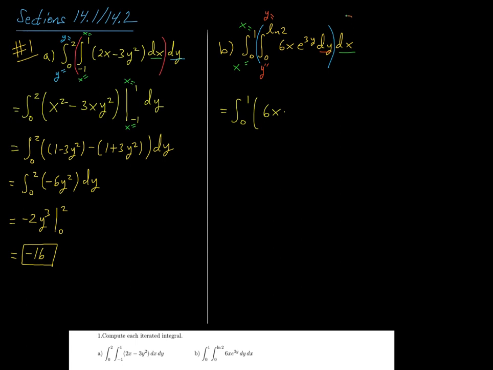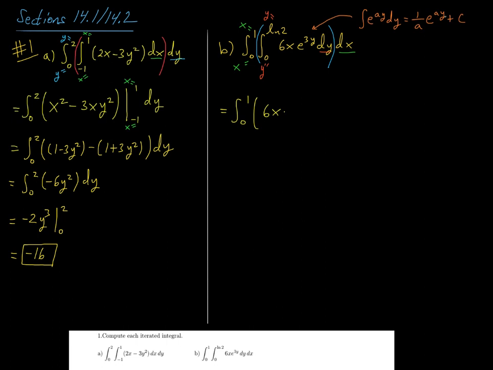The thing we've got to remember is that if I differentiate e to the 3y, I'm going to pick up a factor of 3 from the chain rule. So turning that around with an antiderivative, if a is any constant, to integrate e to the ay, I'm going to have to divide by a.